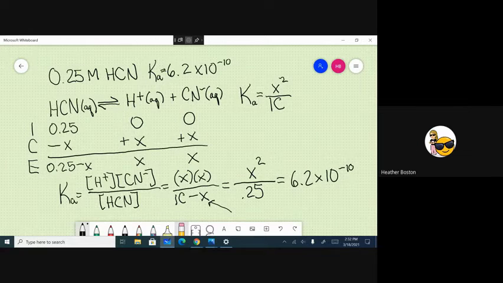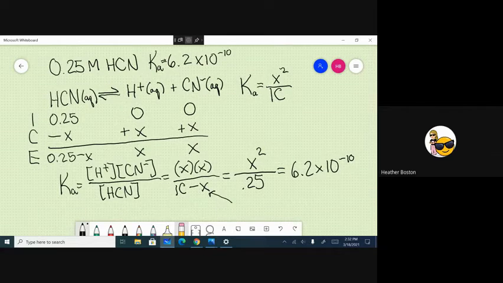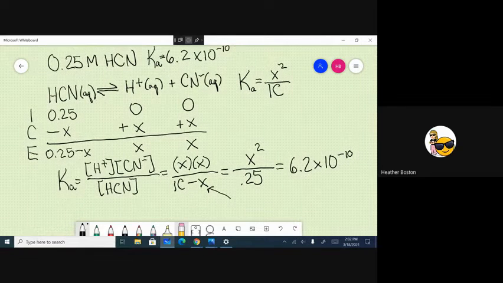I just looked this up too, so I don't even know if that's the Ka that I had used for the answer key. Just an FYI. So you get a value for X of 1.24 times 10 to the minus 5. Remember, X is H plus.